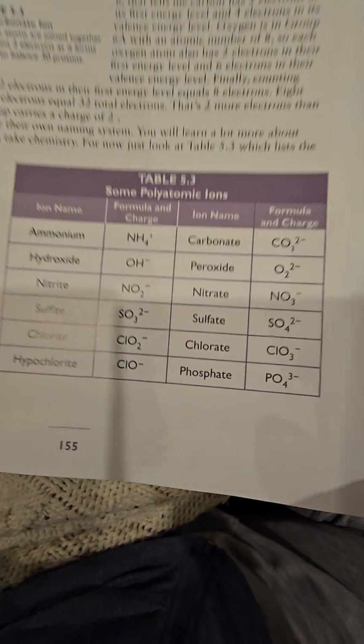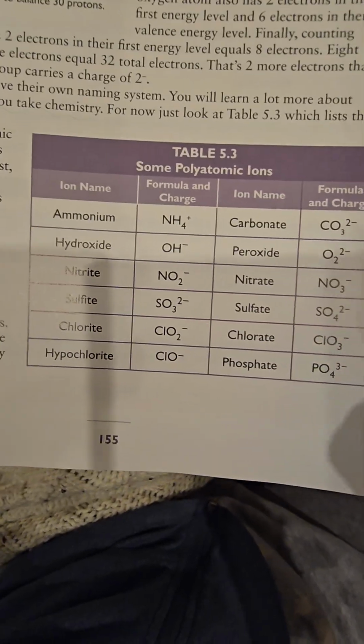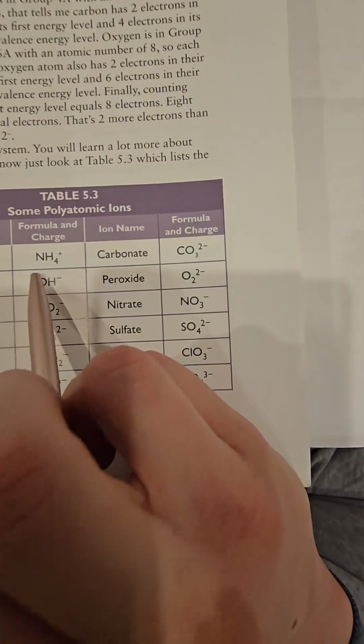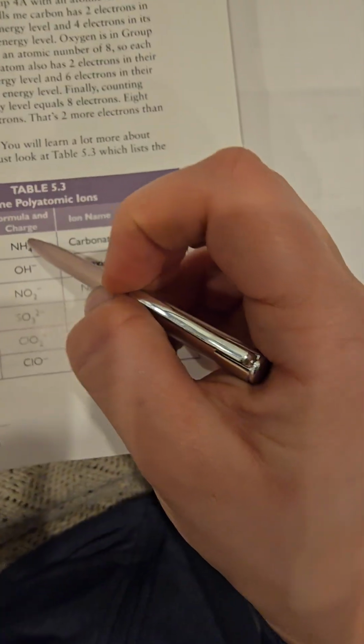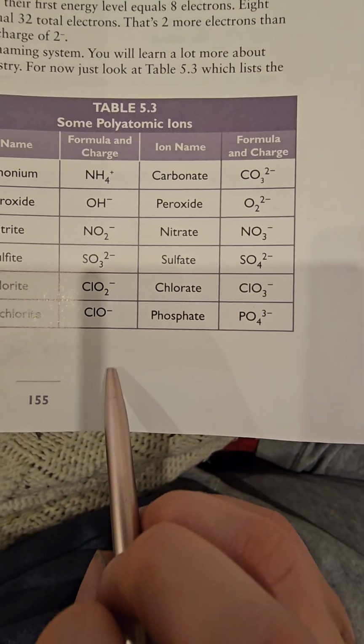Great question. So, there are some polyatomic ions, and this is what we have here. And we see their charges here at the sides. We have plus, negative. We've seen these before.